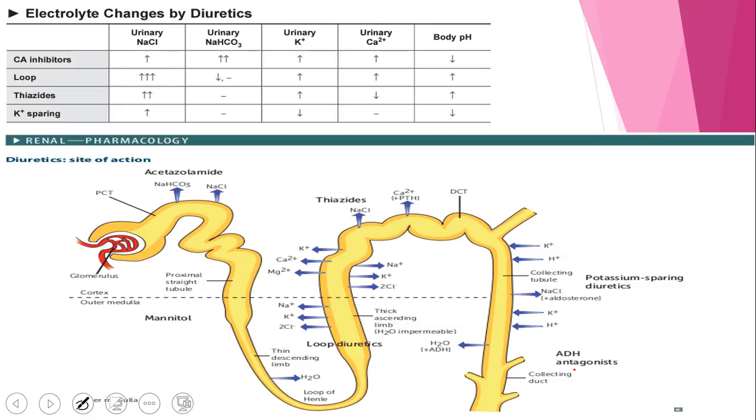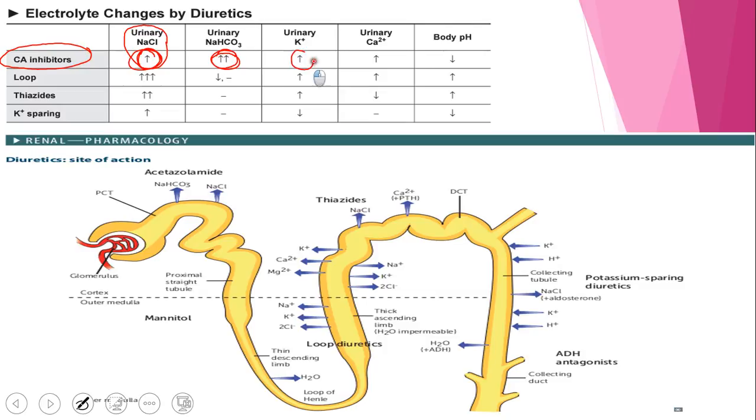All right, so just to be aware what these different ones do. Carbonic anhydrase inhibitors are going to increase the sodium chloride in your urine, so basically you pee out sodium chloride a little bit. It's going to really increase your bicarb, sodium bicarb, in your urine.